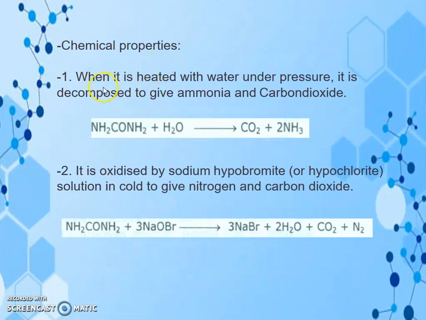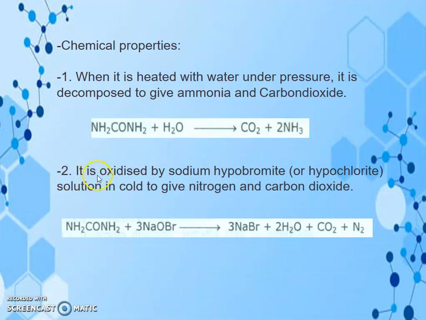Chemical properties. When it is heated with water under pressure, it decomposes to give ammonia and carbon dioxide. Urea plus water, when heated under pressure, gives carbon dioxide and 2 molecules of ammonia.